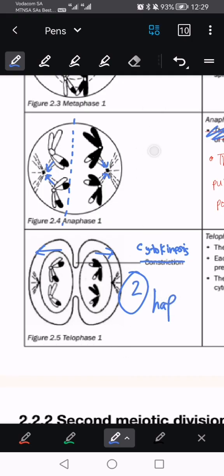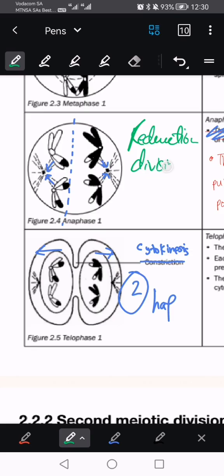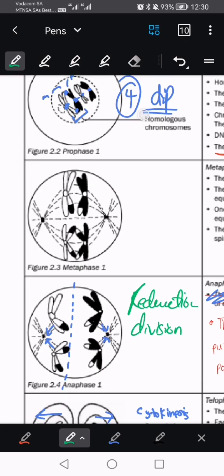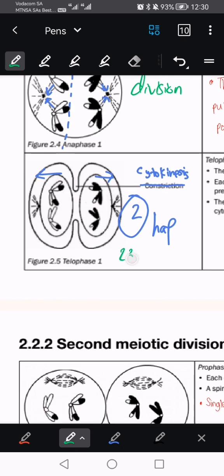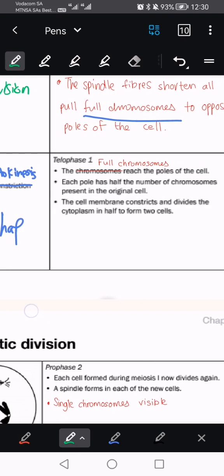That is reduction division. There we can see the reduction division taking place. In our cells it would be different. We would have had 46 and we would have gone to 23. That is the reduction division that is taking place.